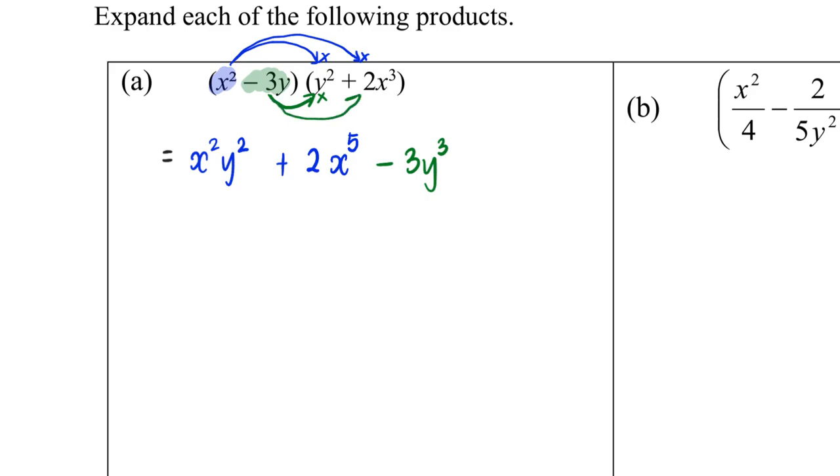Negative 3y multiplied by 2x cubed, negative 6 x cubed y. And since there is no more like terms, this will be the final answer. Okay?